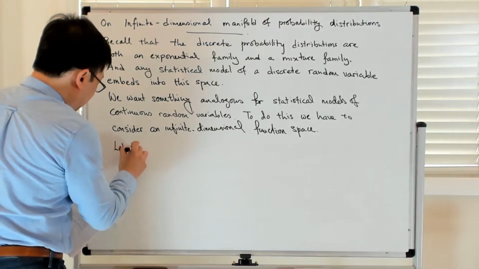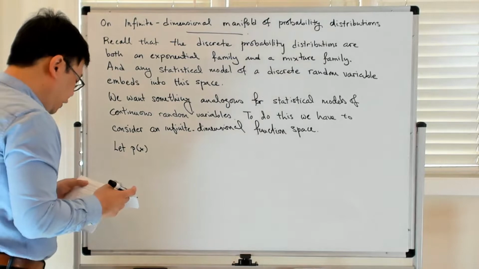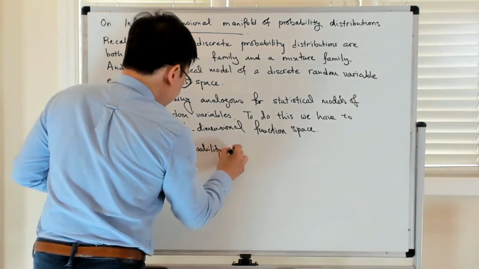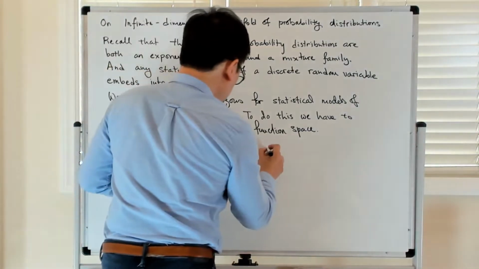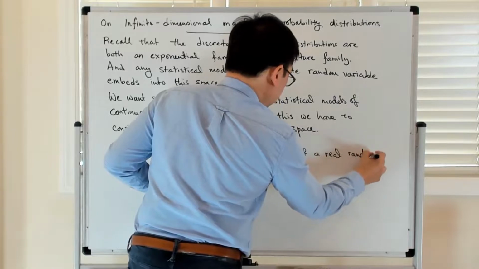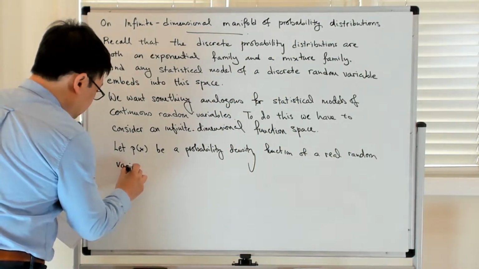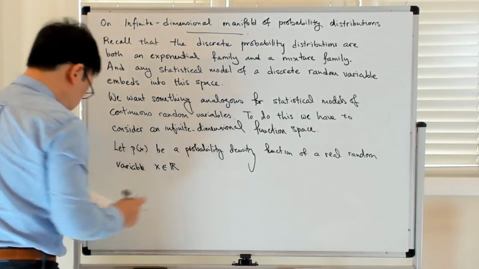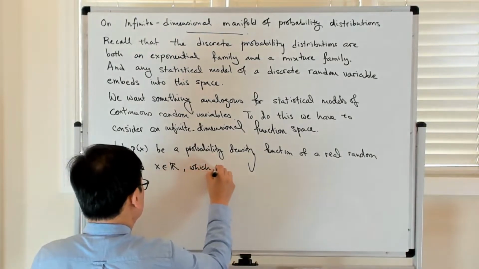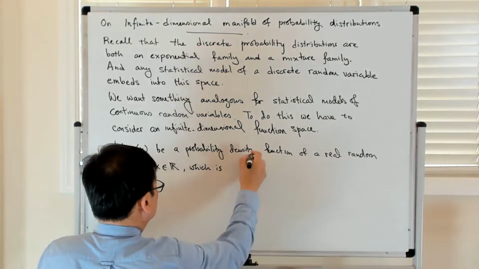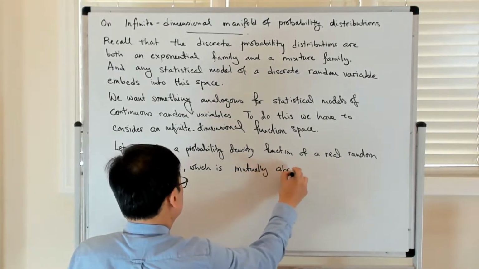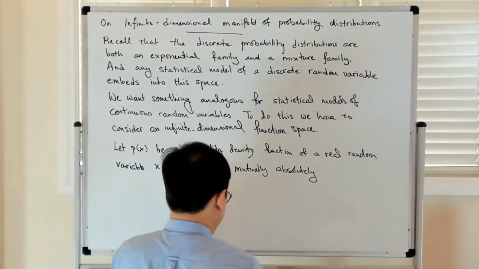Let's say that we have some p of x be a probability density function of a real random variable, which we denote by x, in the reals, which is mutually absolutely continuous with respect to Lebesgue measure.